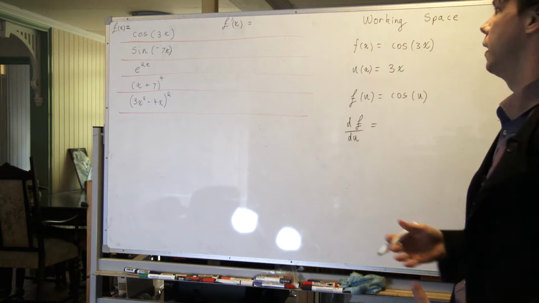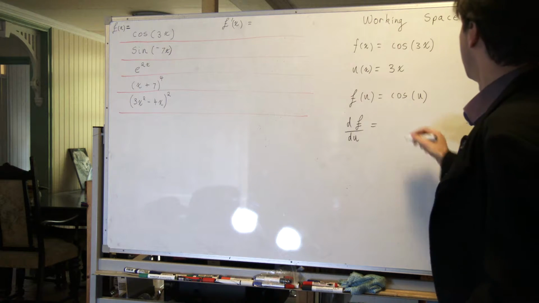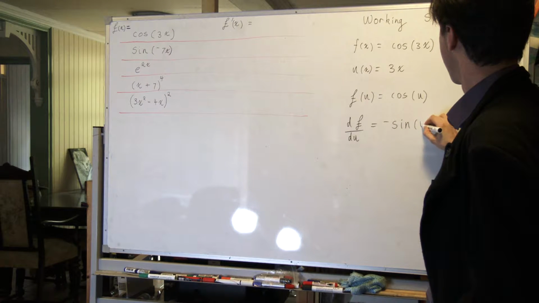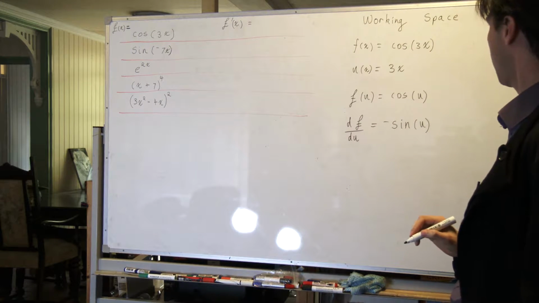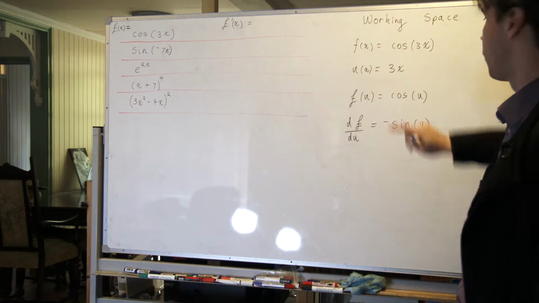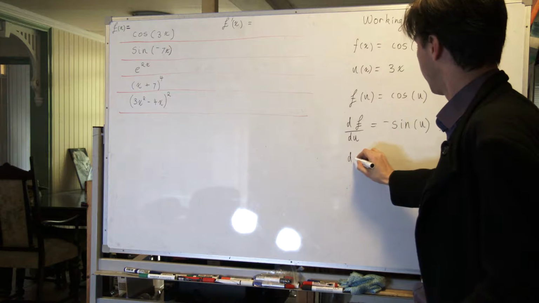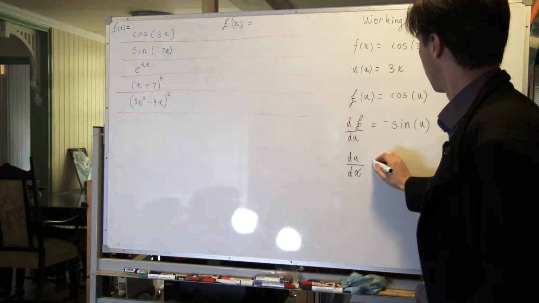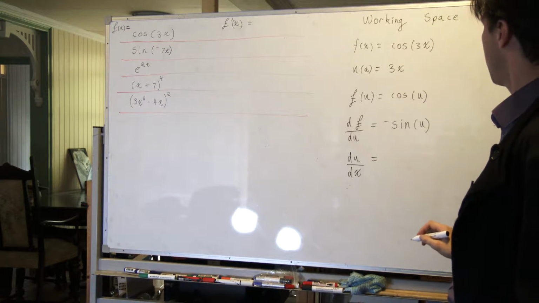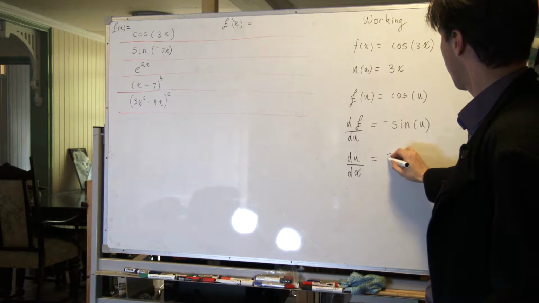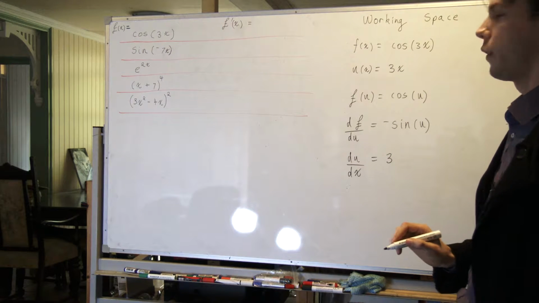This is just something you have to learn. Okay. And I can also find the derivative of u with respect to x, since u depends on x. And that's just the derivative of 3x with respect to x, which is 3.